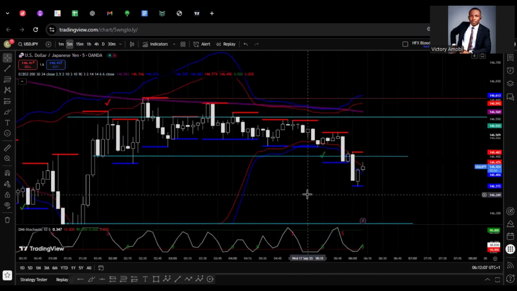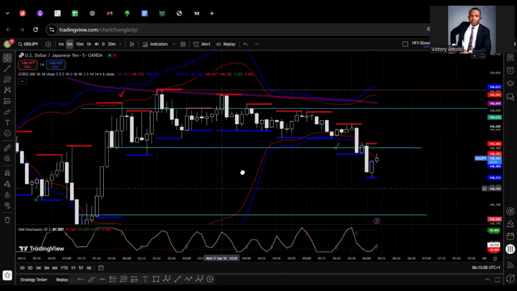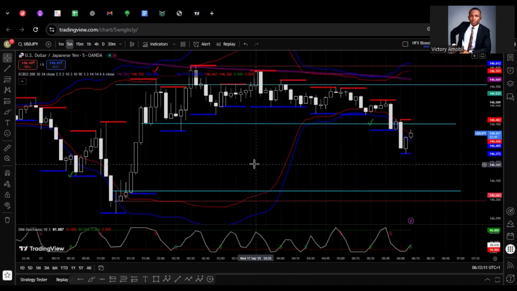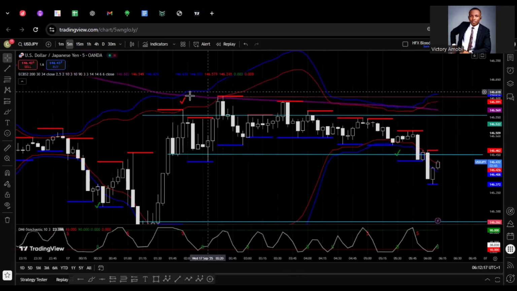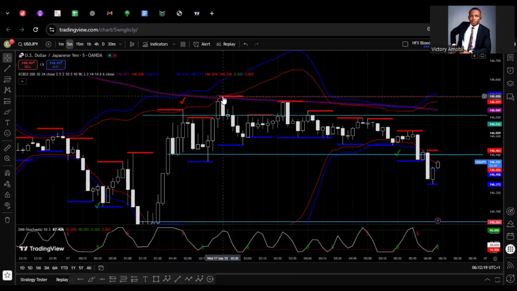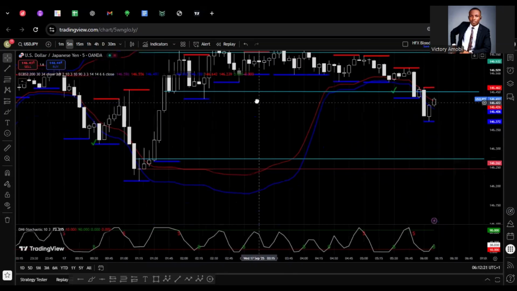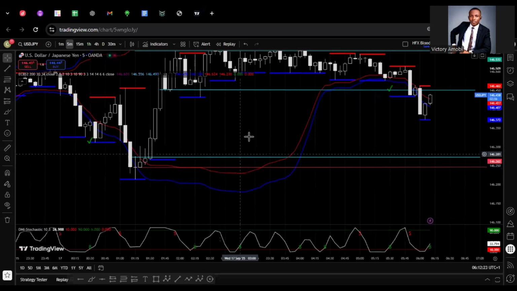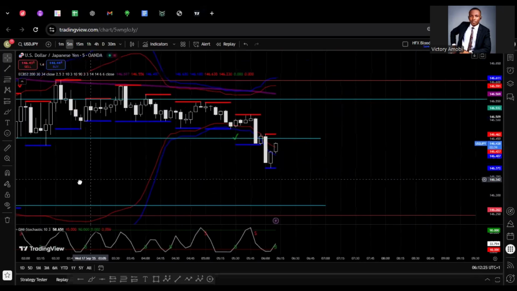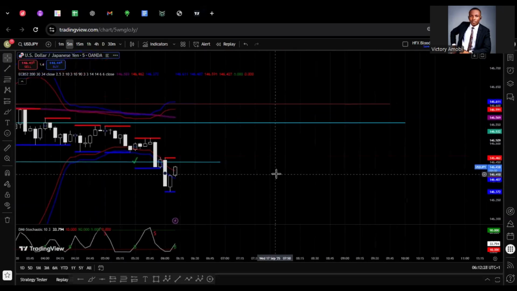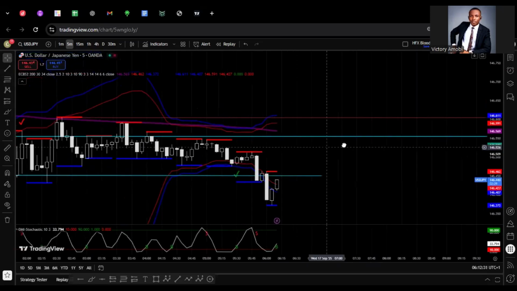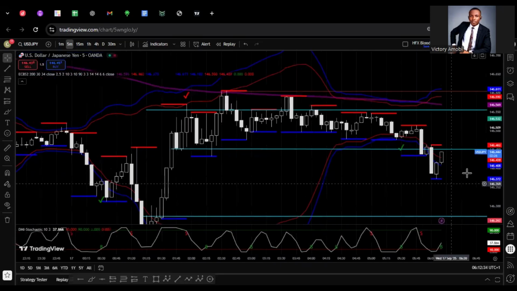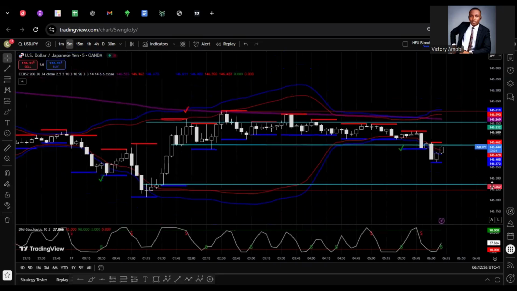It might look a little messy, but understand, the Evan Cabral is easy, right? These bands, the blue and the red, are your Bollinger Bands. Now, the rule of Bollinger Bands is that as they squeeze, you can see how wide they were.